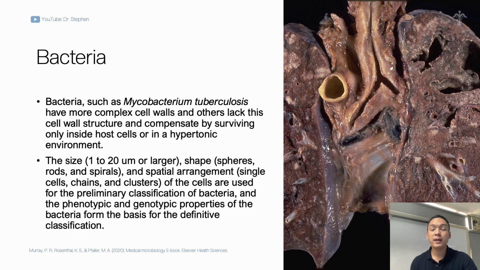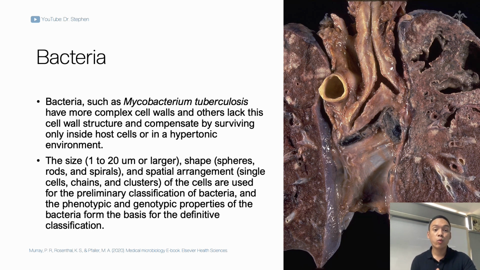Bacteria such as Mycobacterium tuberculosis have more complex cell walls, and some other bacteria lack this cell wall structure and compensate by surviving only inside host cells or in a hypertonic environment.